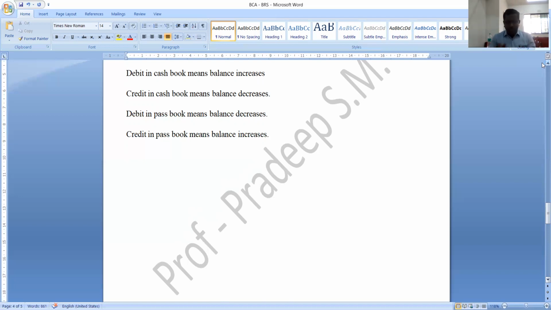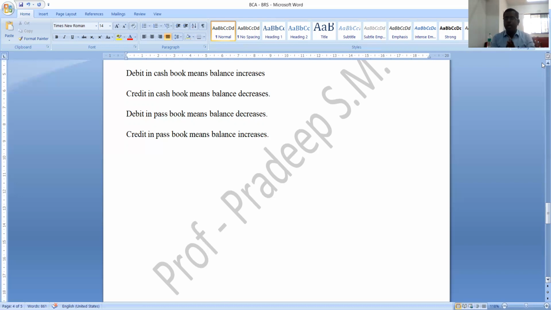Another important thing I wanted to tell you people. See here, just now whatever logic I told should be applied when they give the cash book balance and we are going to find out the passbook balance. Suppose they give the passbook balance, our target will be the cash book balance. Now, don't apply that particular logic.